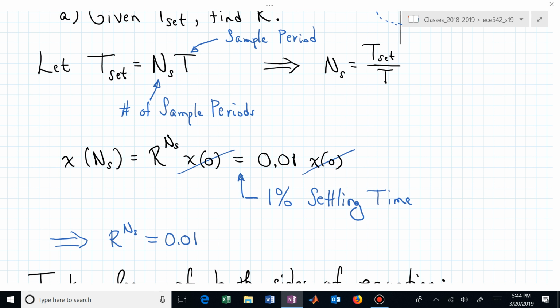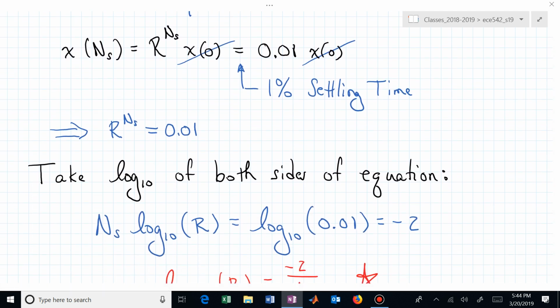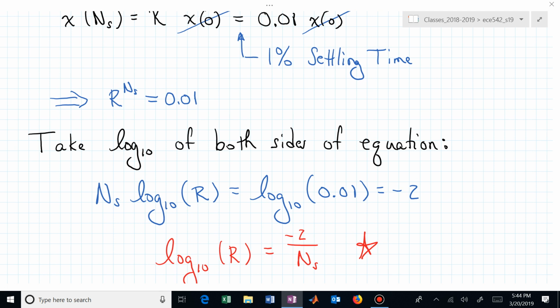We're raising this radius, r, to the n sub s and saying it needs to be 0.01, but it can be less than that. But that's sort of this bound that we're trying to get equal to or less than.